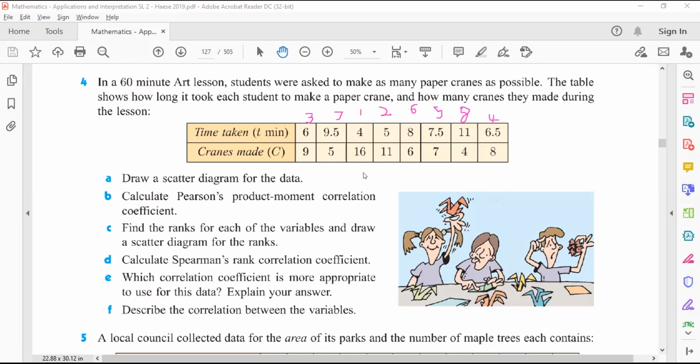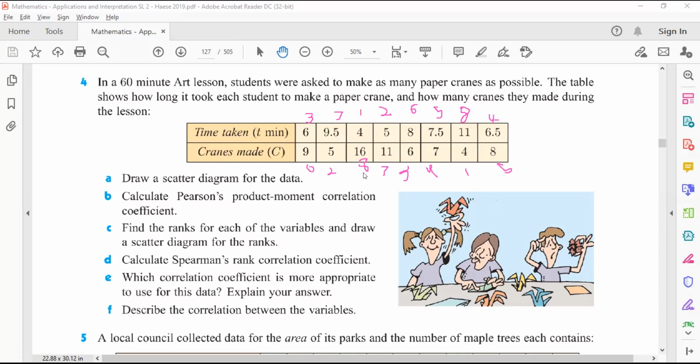So 1, 2, 3, 5, 6, 7, 8. Ranks: 3, 7, 1, 2, 6, 5, 8, 4, and 6, 2, 8, 7, 3, 4, 1, 5.